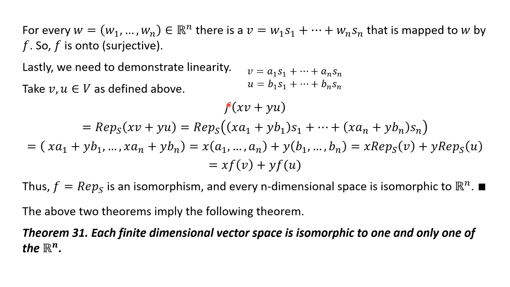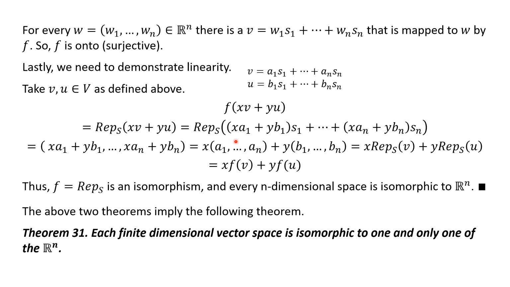So by definition, f of xv plus yu is the representation of this vector in terms of S, and then we can plug in u and v here, multiply it out, and we get this, and then we just use the definition of the representation with respect to S, and we pull off the coefficients, which I've done here.